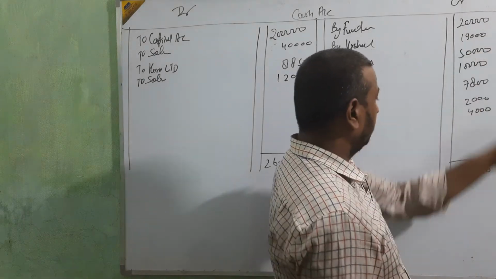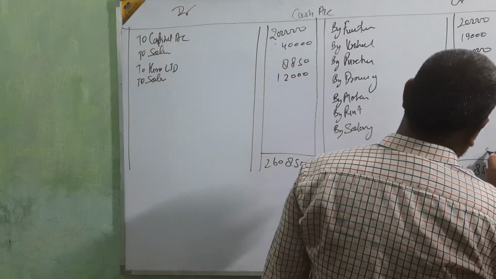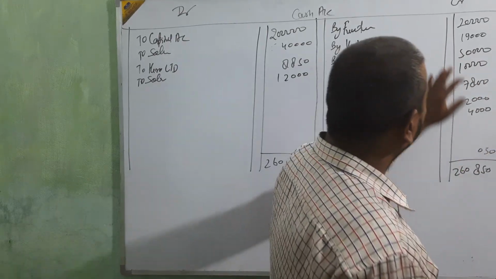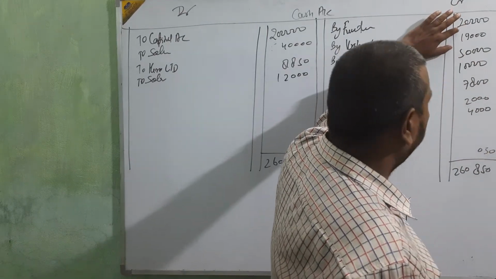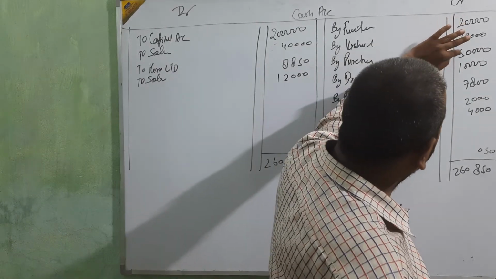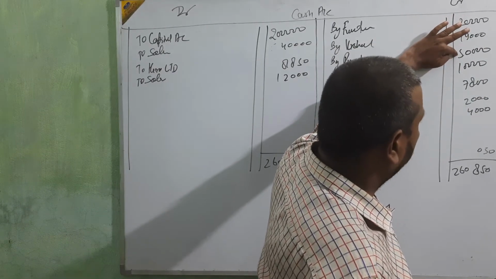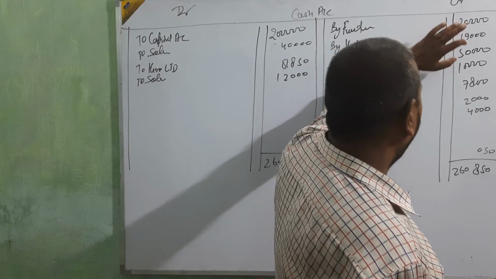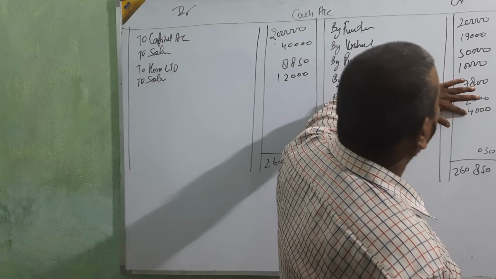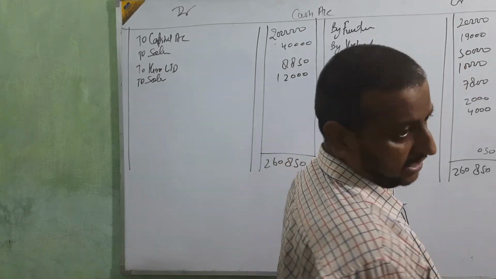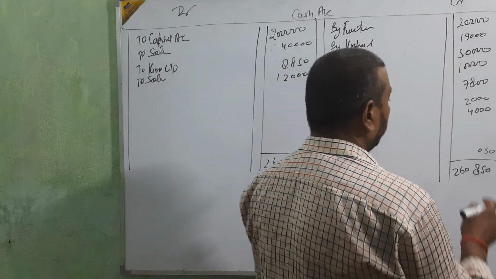And this side: 20,000, 30,000, 40,000, 90,000. Okay beta. 99,000, 1 lakh 1,000, 1 lakh 5,000, 1 lakh 12,000, 1 lakh 12,800. 1 lakh 12,800.